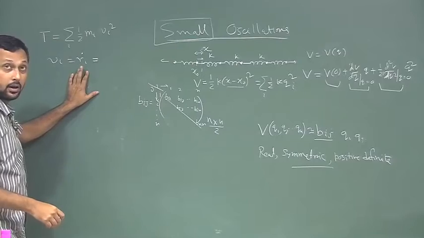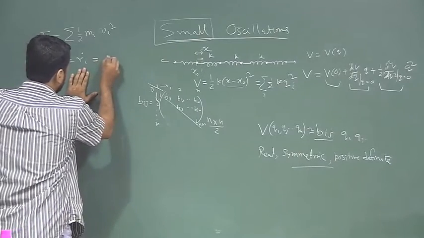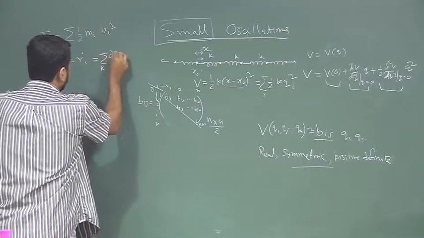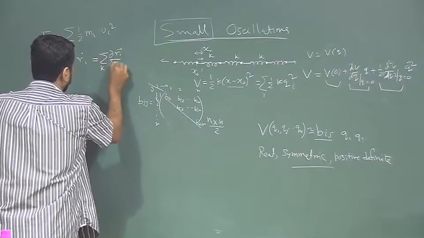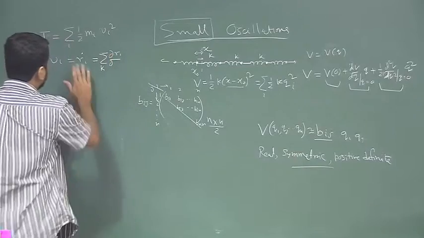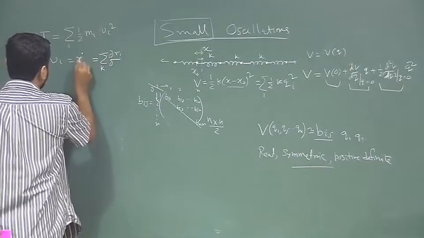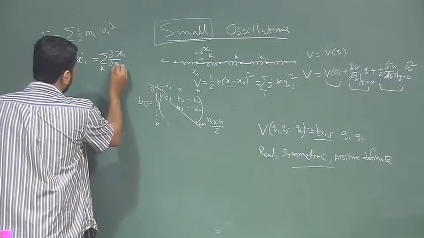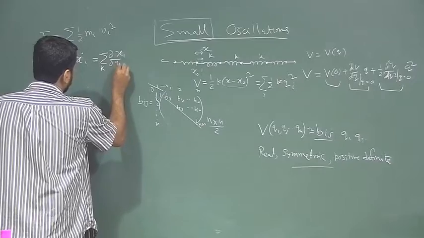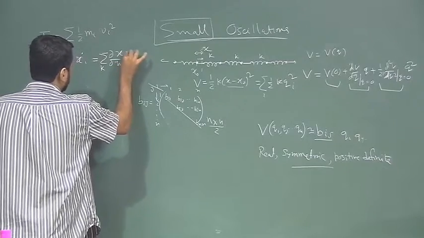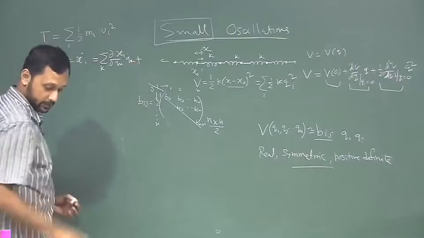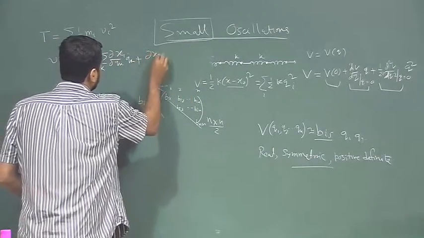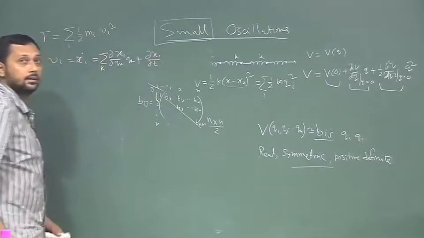If you recall, r_i dot was dr dt, which will be given by sum over k of del x_i del q_k q_k dot plus del x_i del t, isn't it? Let me write it as x_i, it will match with your previous notes.